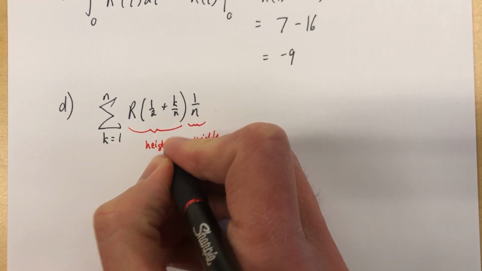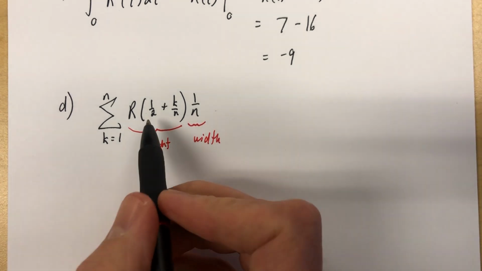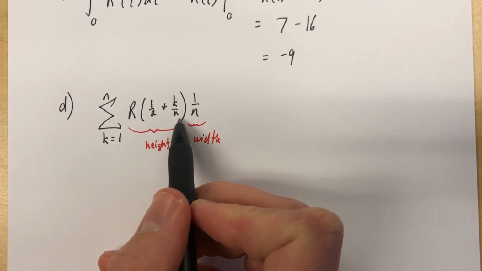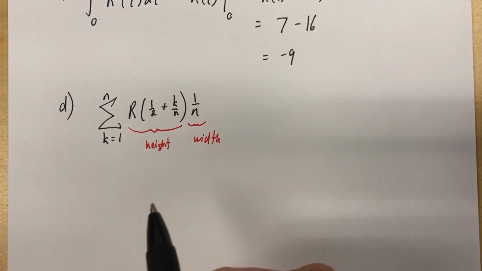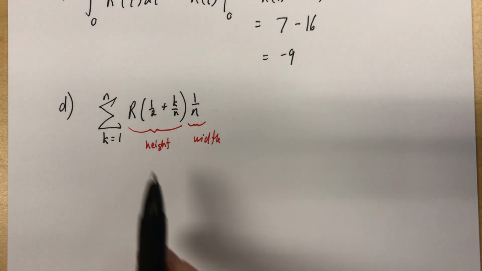And how do you know? Well, the height of any rectangle in this context is going to be the value of the function. So the function is r of 1/2 plus k over n. Don't worry about what k and n are yet. We'll deal with that in a second. But the width is 1 over n. Okay. So this is what we're dealing with.